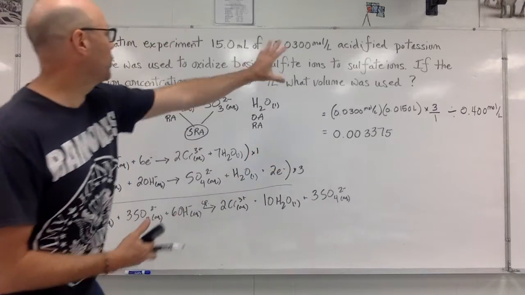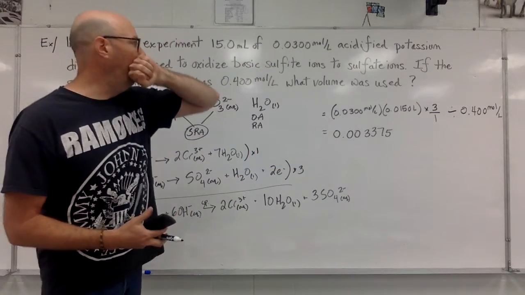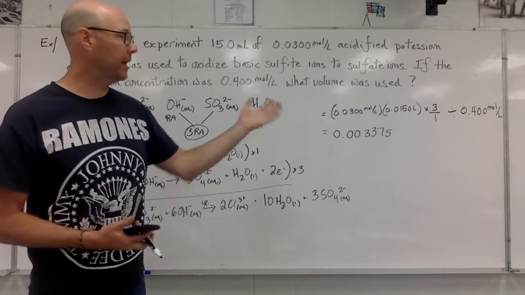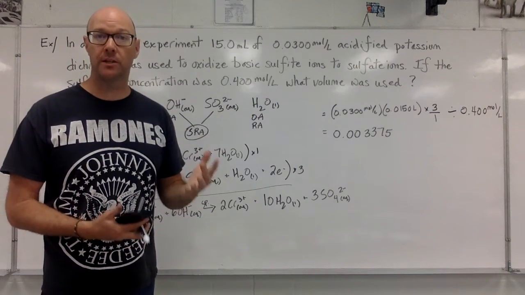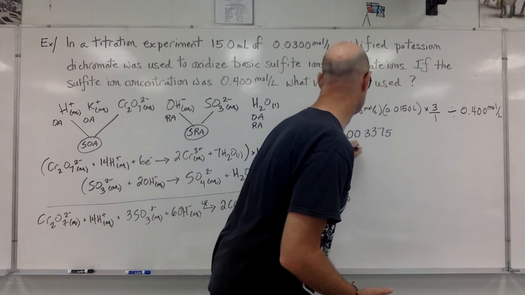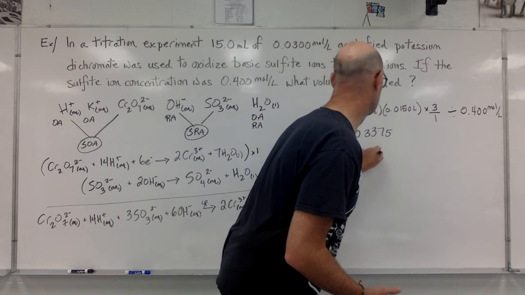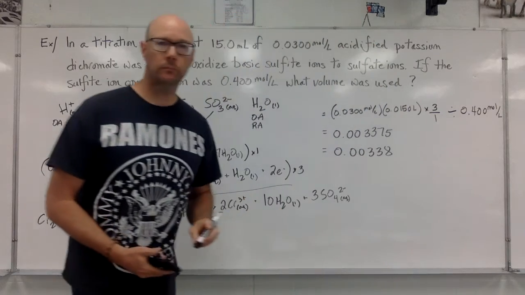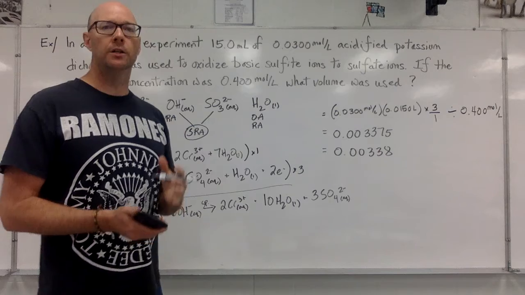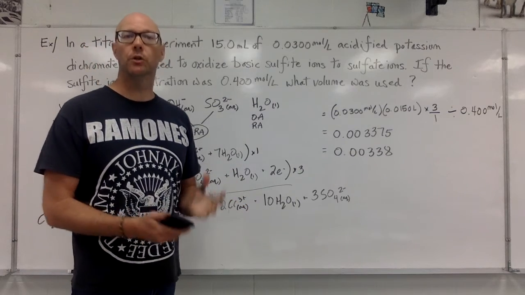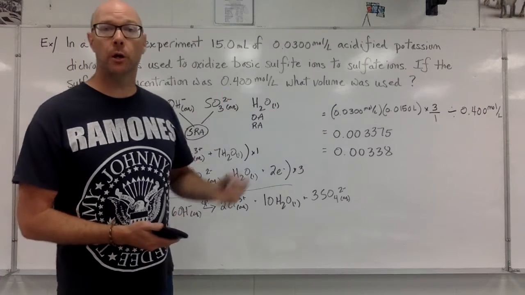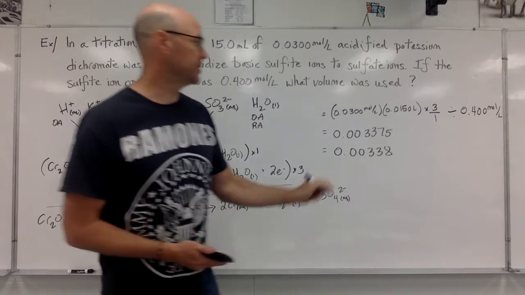The 3 numbers in the question all have 3 significant digits, so we want to round off our answer here so that it also has 3 significant digits. We can keep it as a decimal. We are not required to change it into scientific notation. We could if we wanted to. And we have the units here. We found the volume. This is liters.